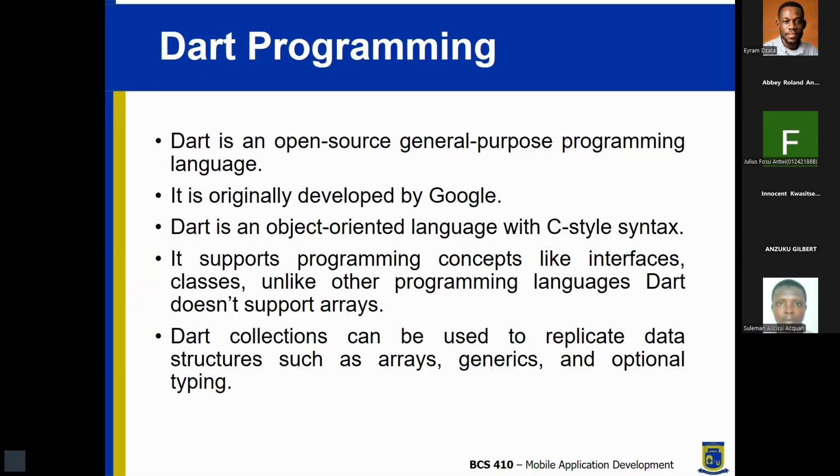Over the years, Android Studio has been there. These other platforms like NetBeans, Eclipse and IntelliJ are also there, and now VS Code as well. So Dart was originally developed by Google.